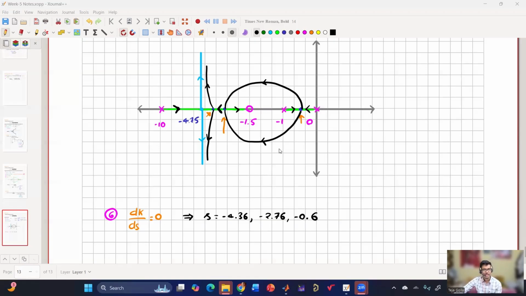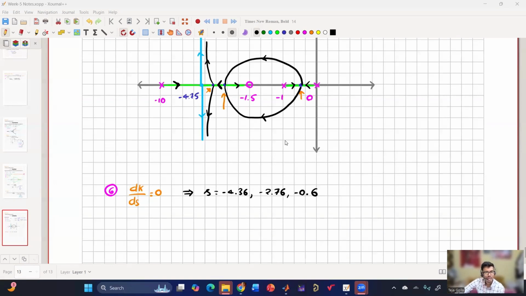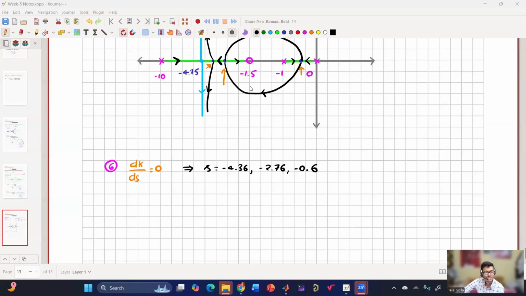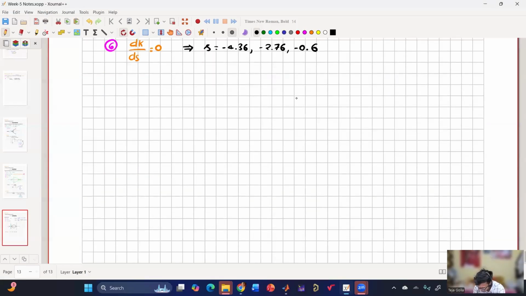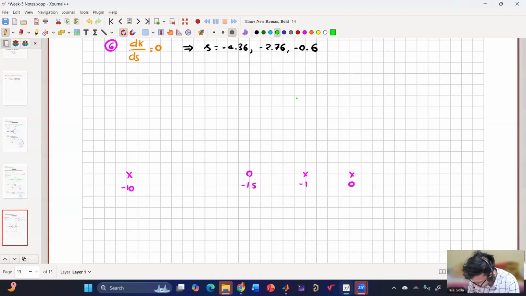Yes. So basically, I think I will redraw it: -10, -1.5, -1, 0. So I'll just quickly redraw. So we have -10 and then -1.5 and then -1 and then 0. So the breakaway point, one is here, another one is here, and then the asymptotes were here, something like this.